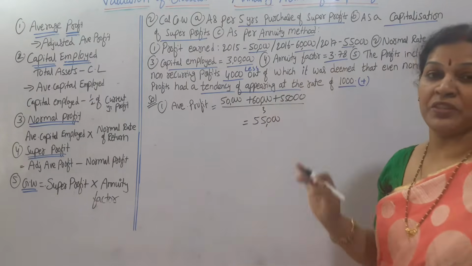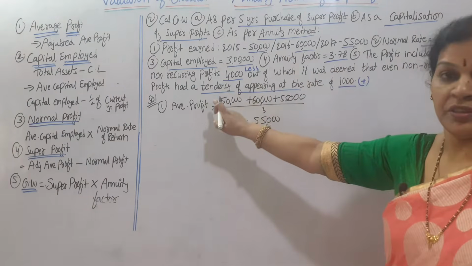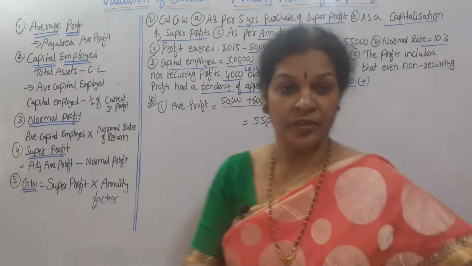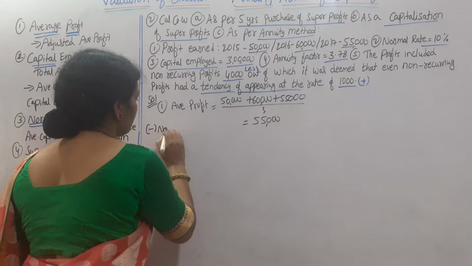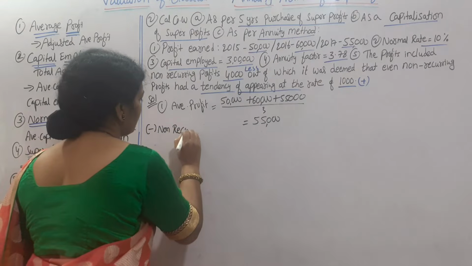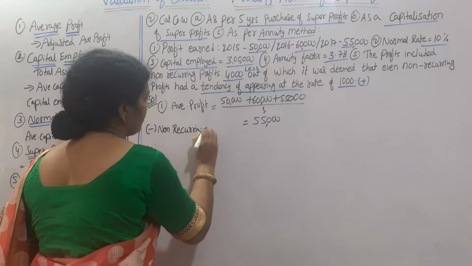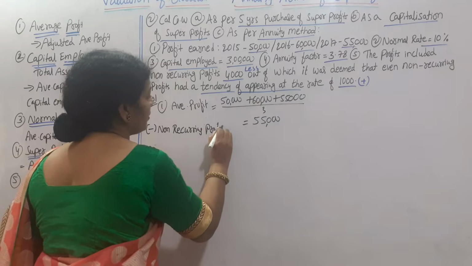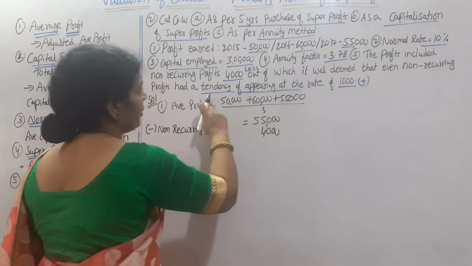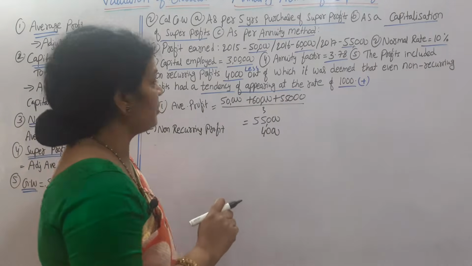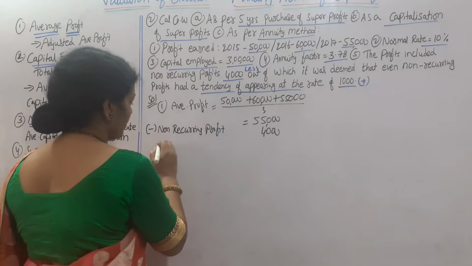We have adjustments. Non-recurring profit we will deduct. Less non-recurring profit, 4,000. And also recurring tendency, recurring profit, that we will add.